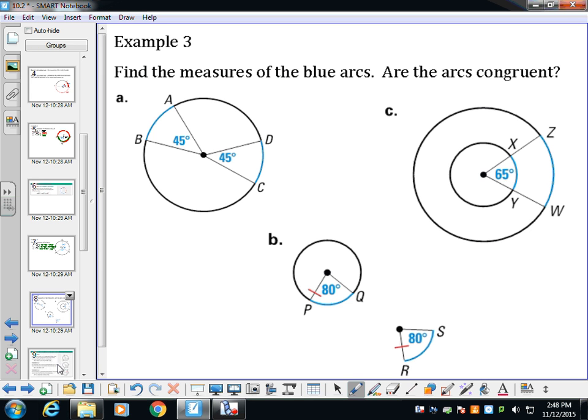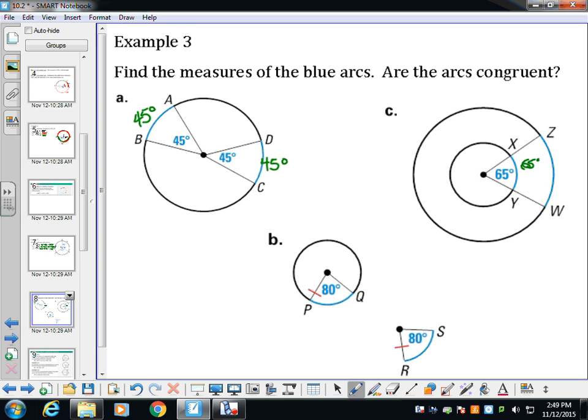Find the measures of the blue arcs. Are any of these arcs congruent? In part A, since they both have a central angle of 45 degrees, both arcs are 45 degrees, so they are congruent. In part C, arc XY and arc ZW equal 65 degrees, but XY and ZW are not arcs of the same circle or of congruent circles, so they are not congruent.